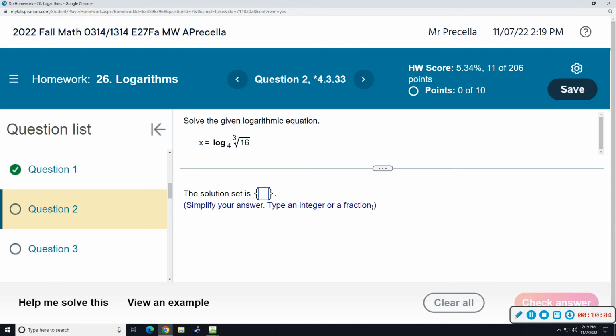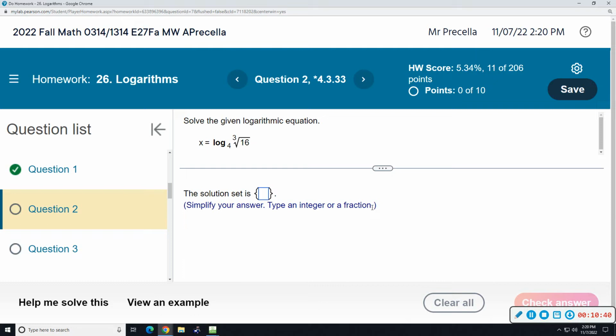Number 2 says x equals log base 4 of the cube root of 16. We don't want that log base 4 there.